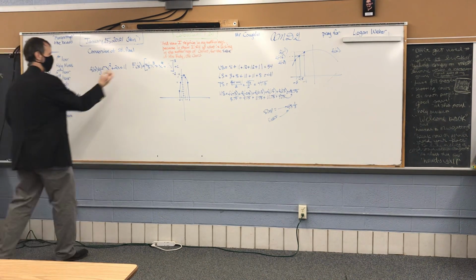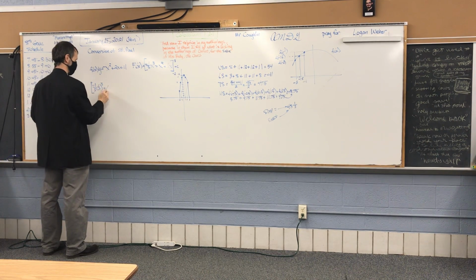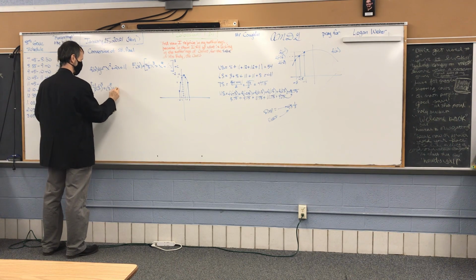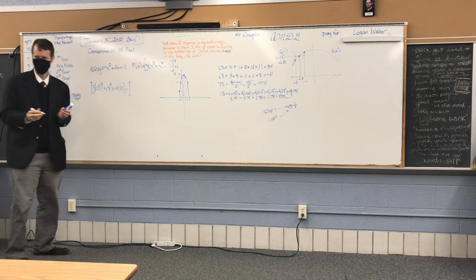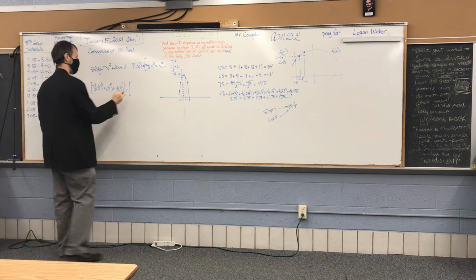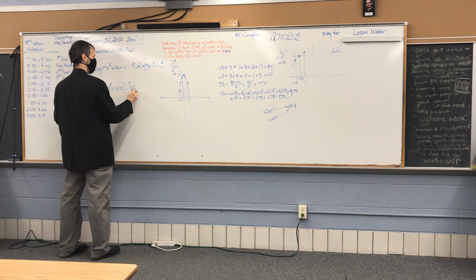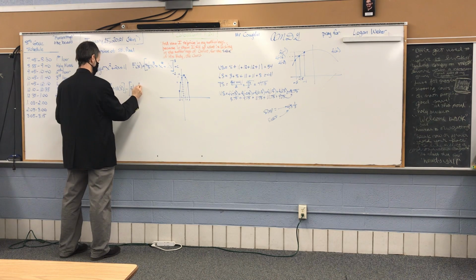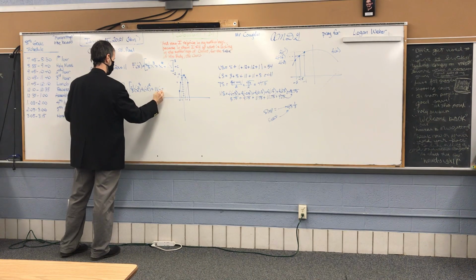Let's try this. -1/3 times 3 cubed plus 3 squared plus 11 times 3 minus what? -1/3 times what? -2, yeah, the lower one. Cubed plus -2 squared plus 11 times -2.